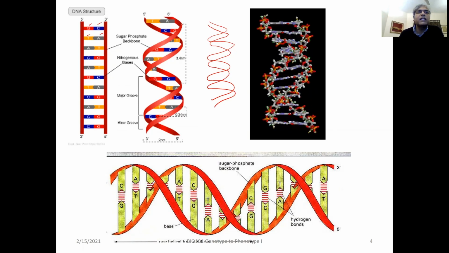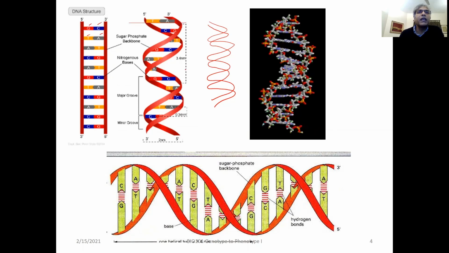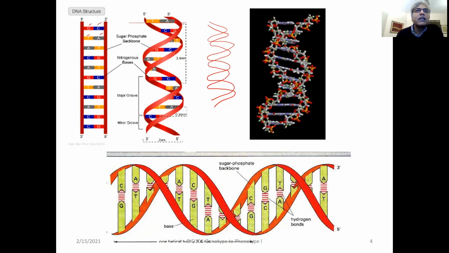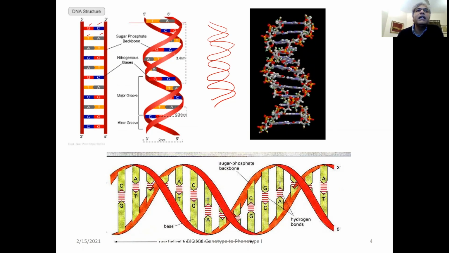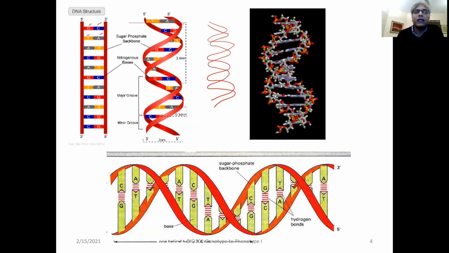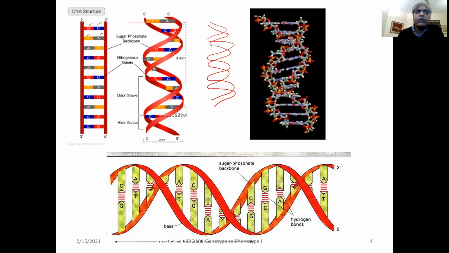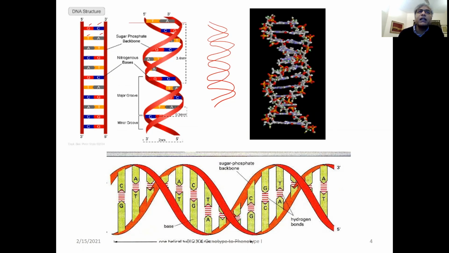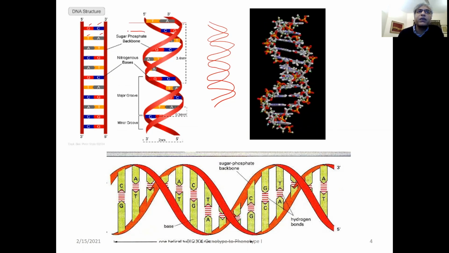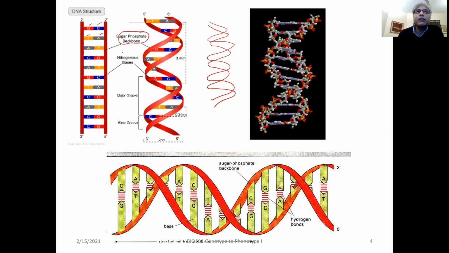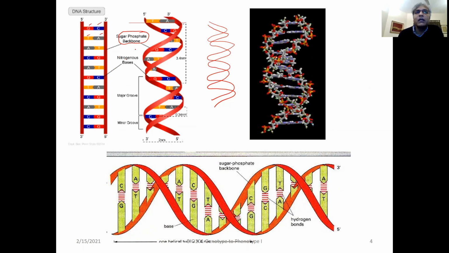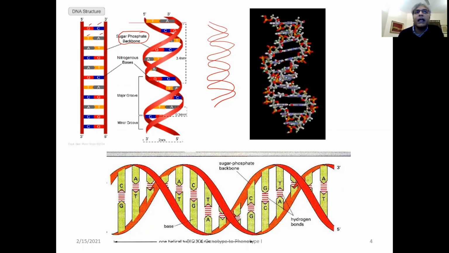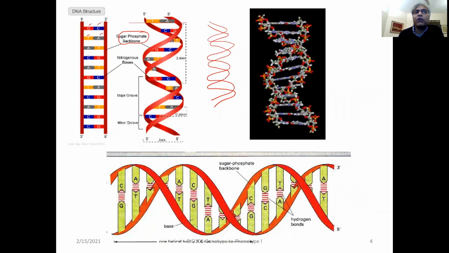So if from here to here is one turn, there will be 10 nucleotides. Okay. The red ribbon here is referred to as sugar phosphate. We call this the backbone. And then the nitrogenous bases come within.